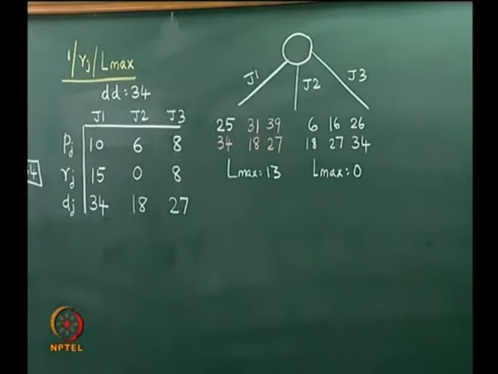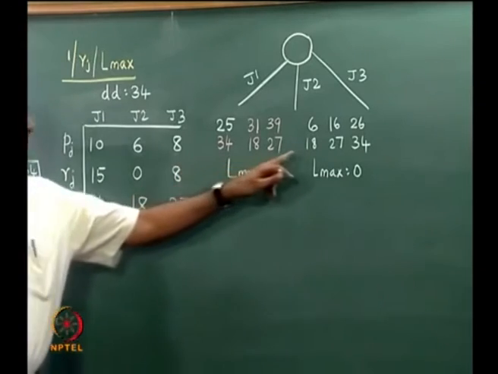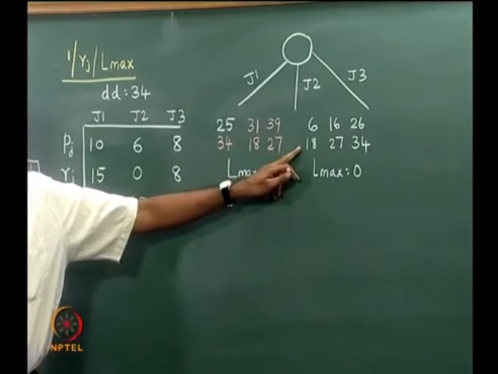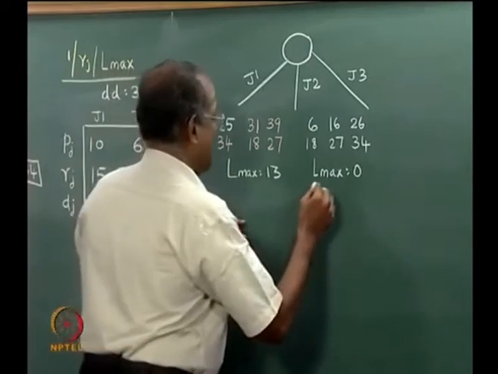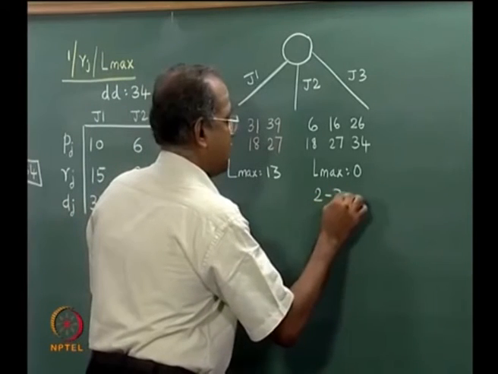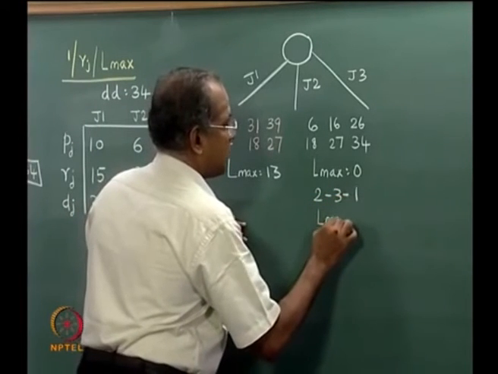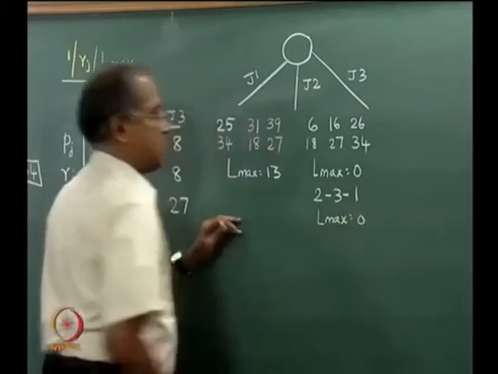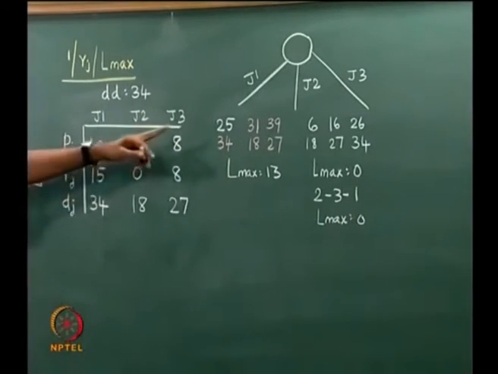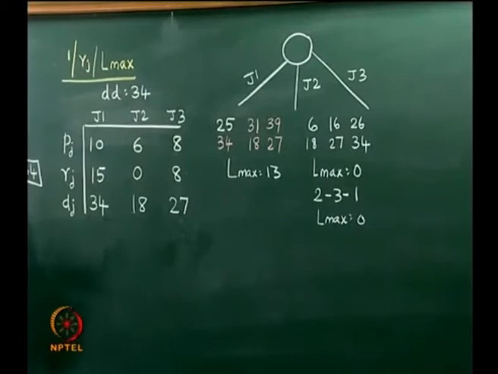And we also realize that actually what we have done is we have evaluated a feasible solution with 2, 3 and 1 with L max equal to 0. This is a feasible solution with J2 first, then J3 and then J1 with L max equal to 0. Therefore, we can stop the algorithm here itself.